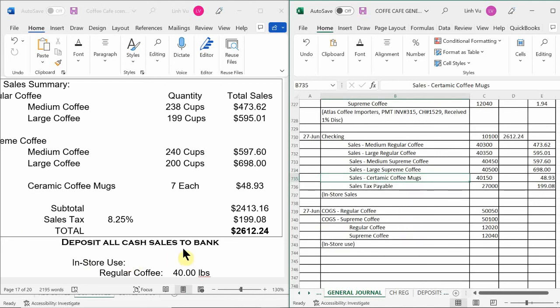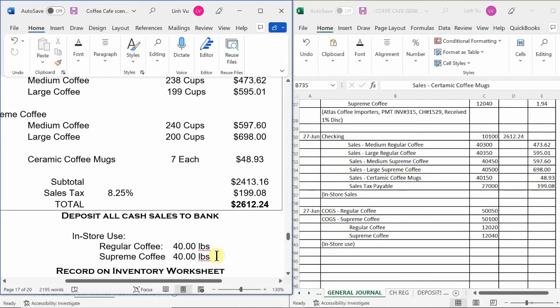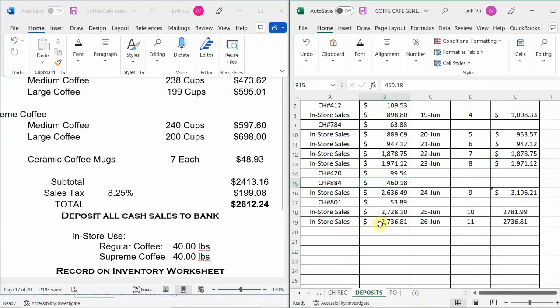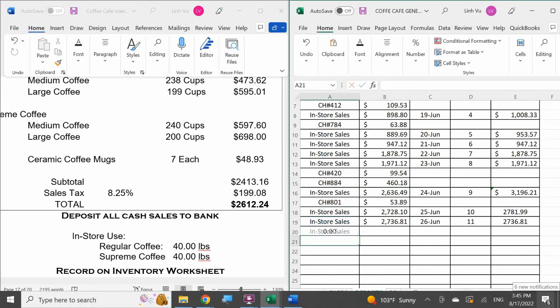And then you go to the deposits. Yes, it feels like it's been a long time since we made our last deposit for the in-store sales for 2612.24. Okay.